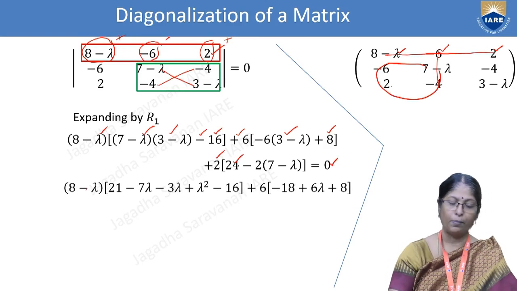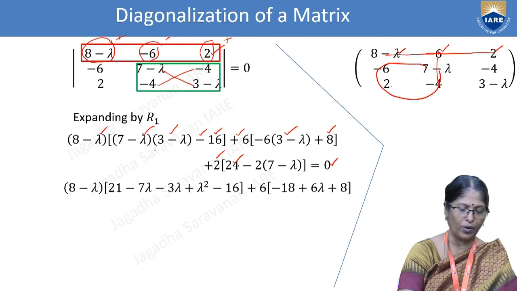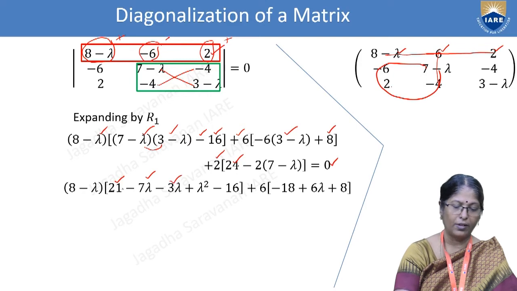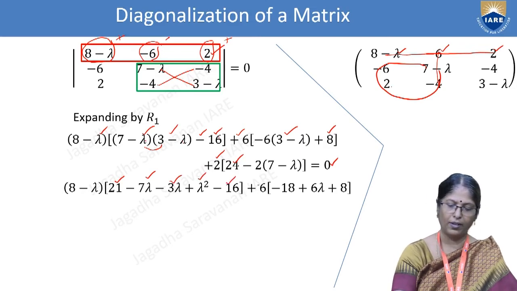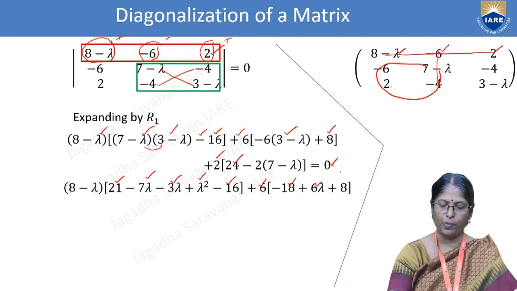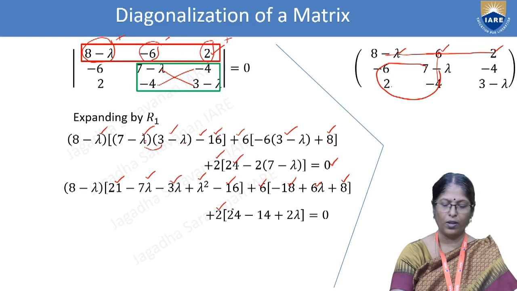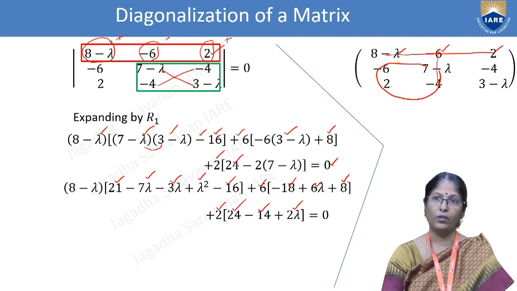Now 8 minus lambda is written, then 7 into 3 is 21, 7 into minus lambda is minus 7 lambda. Multiplying this one, minus 3 lambda, and both together plus lambda square; minus 16 is copied. Plus 6 into minus 18 plus 6 lambda, and this plus 8 as it is. Same we copied 2 into 24, this is minus 2 into minus 40, this is plus 2 lambda equal to 0.